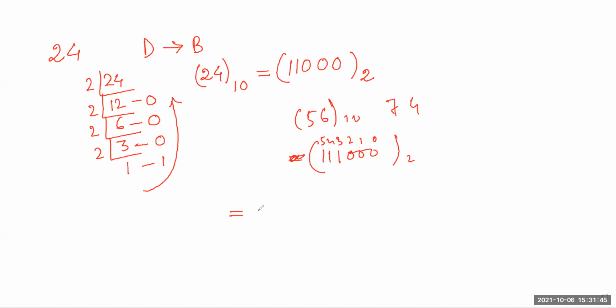So here it is 2 to the power 5 plus 2 to the power 4 plus 2 to the power 3, because you just calculate where the 1 is, and the rest of the part is 0. 2 to the power 2 into 0, 2 to the power 1 into 0, and 2 to the power 0 into 0, so I am not writing the rest of the part. 2 to the power 5 means 32, 2 to the power 4 means 16, and 2 to the power 3 means 8.